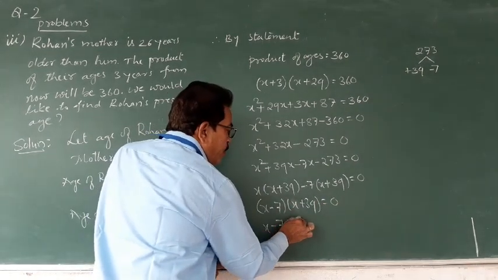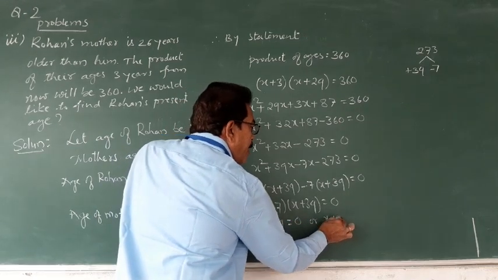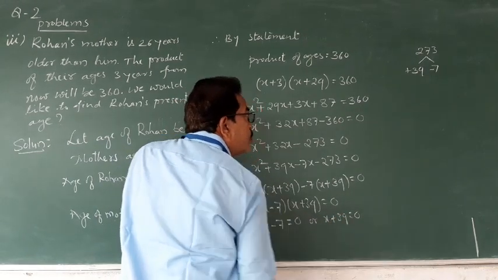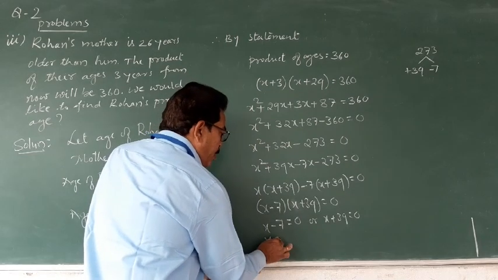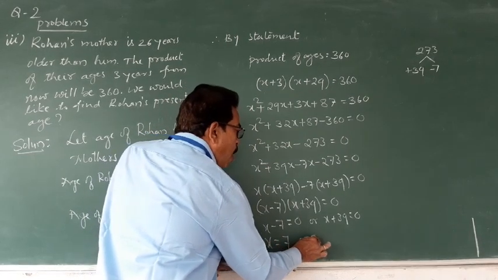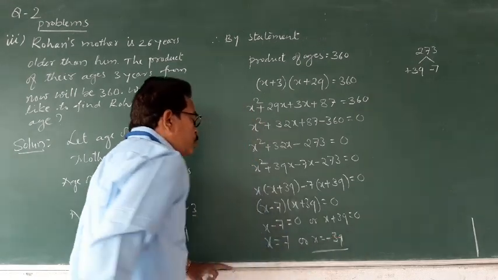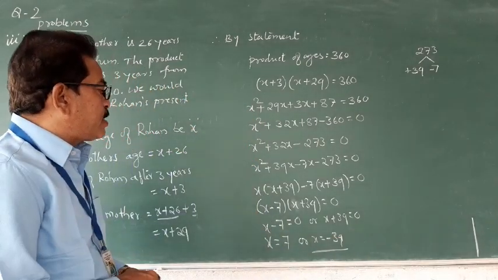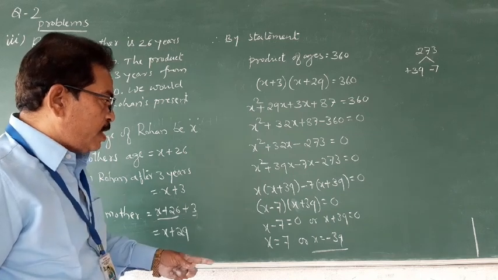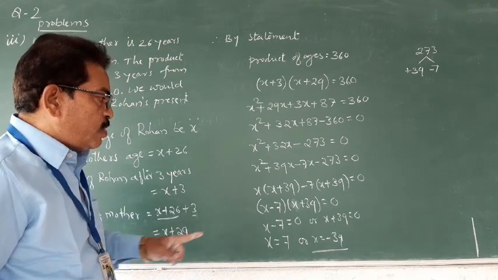X minus 7 equals 0 or x plus 39 equals 0. Therefore x is equal to 7 or x is equal to minus 39. We should not consider the negative values. X is equal to 7. That means Rohan's age is 7 years.